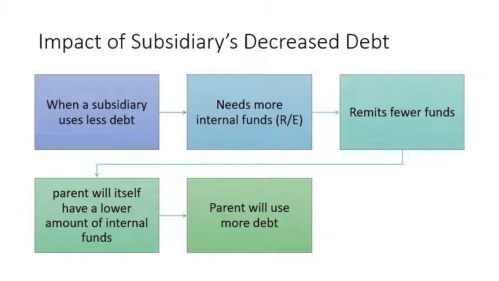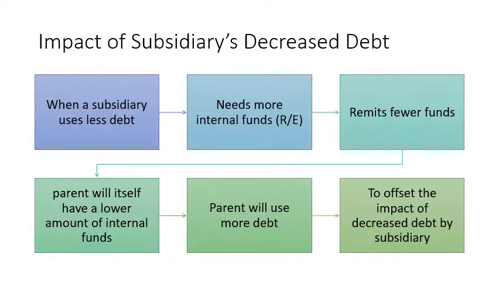So the parent company will use more debt in capital structure to offset the impact of decreased debt by the subsidiary. In other words, because the subsidiary may have less financial leverage than is desired for the multinational company, the parent may use more financial leverage to finance its own operations in order to achieve its global target capital structure.